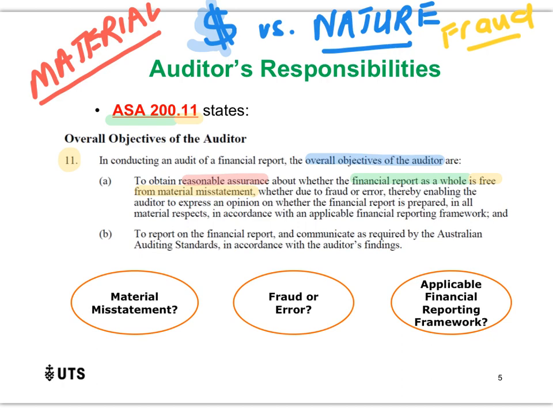So essentially what I'm trying to explain is an issue can be deemed to be significant and worthy of bringing to the attention of users because it's a large dollar number. So from a numerical perspective, it's quite significant, but it can also be significant based on its nature, fraud. It could be a fraud of $20, but it's still fraud.